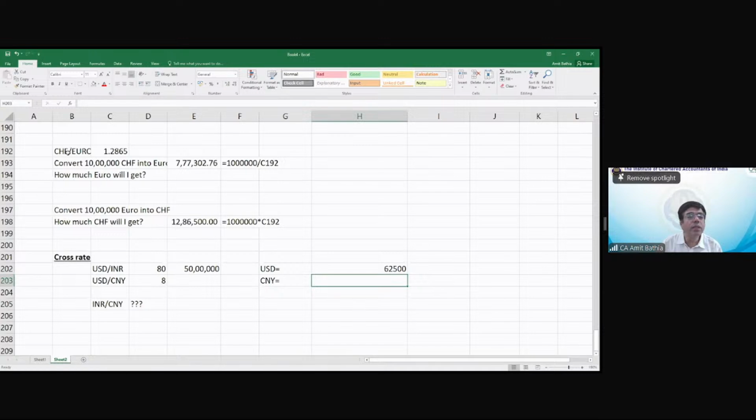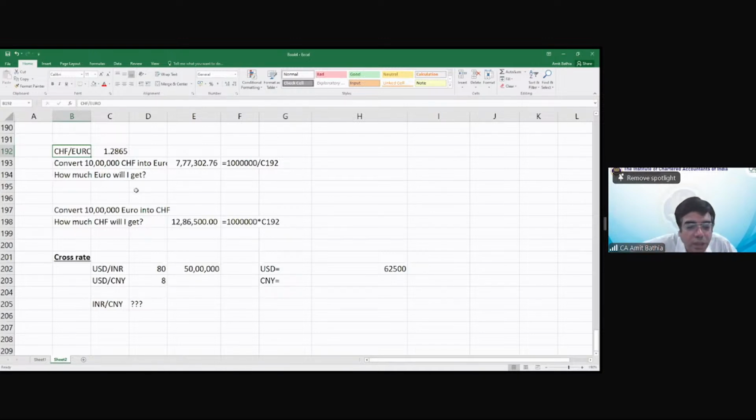Like when we were doing 1 million CHF into euro, how did I calculate euros? Did I divide or multiply? I was coming down, from CHF to euro. So divide. Here, should I be doing division or multiplication? The same concept applies over here.